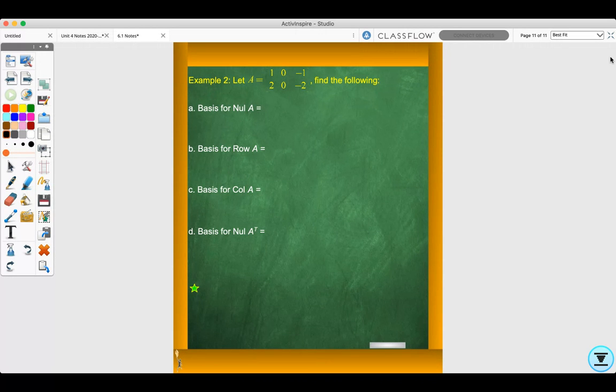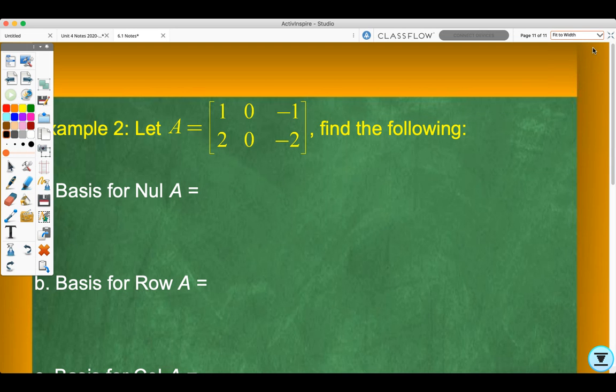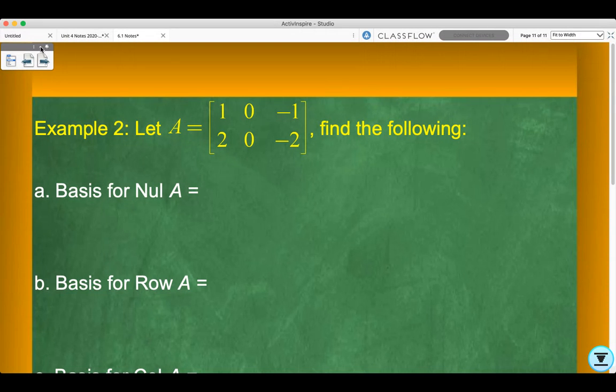Let's look at example 2. So we're going to let A be the matrix with rows (1, 0, -1) and (2, 0, -2). Find the following. The basis for Null A. When we row reduce this to echelon form, you would get x1 equals x3, x2 would be free, and x3 would also be free.